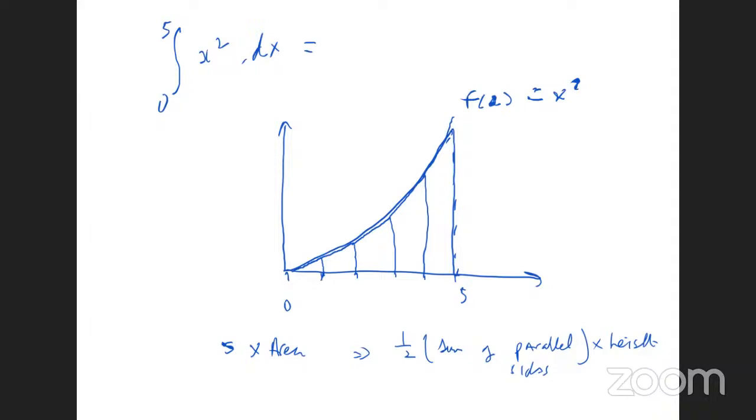And the formula for the trapezium rule looks like this. The good thing is you don't really have to memorize it, because it comes in your formula sheet.